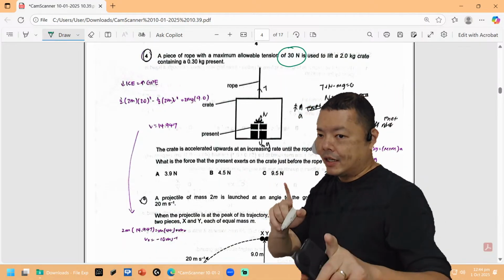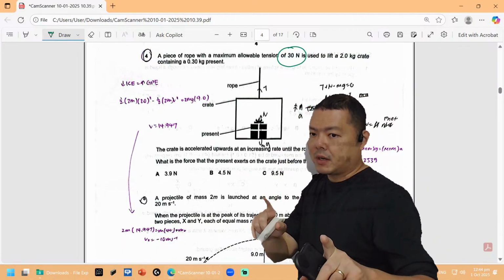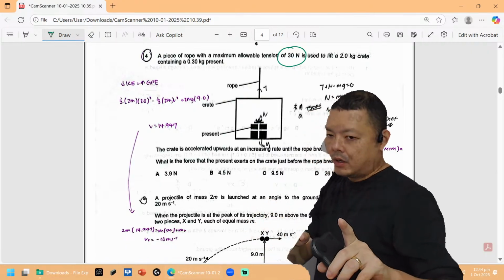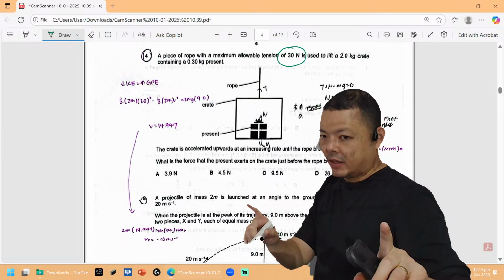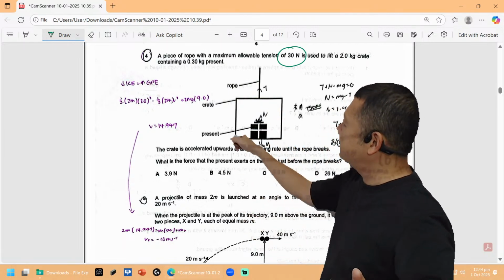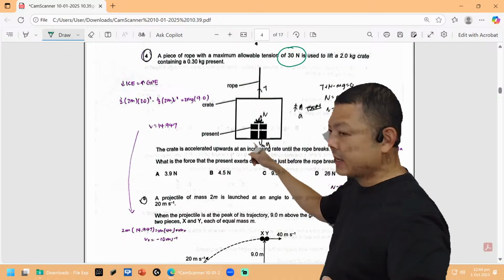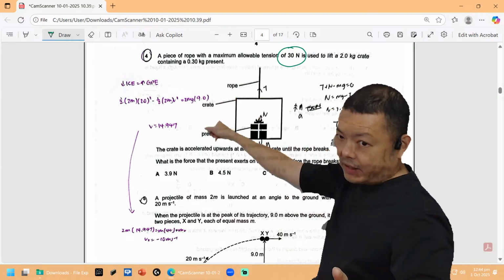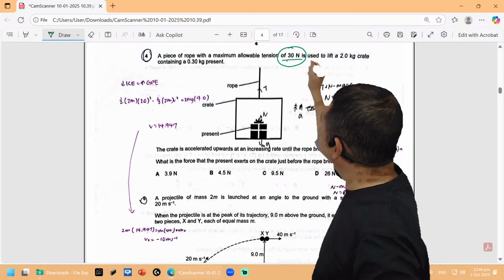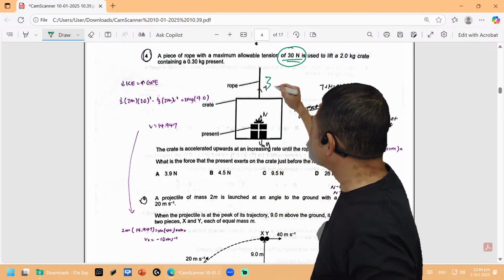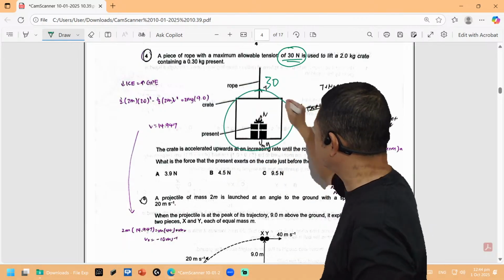So you see, my method of solving this kind of question is similar to before. Which object do you want to look at? You can isolate the lift, the crate on its own, you can isolate the present, or you can look at the whole thing. Since the maximum allowable tension is 30 newtons, I'm going to look at the whole thing first.